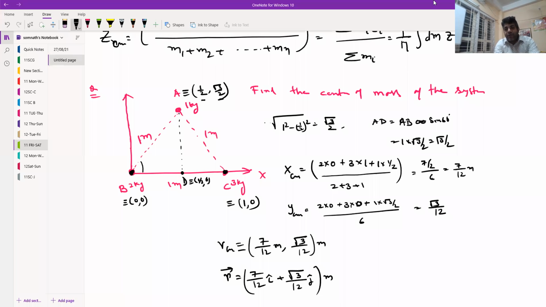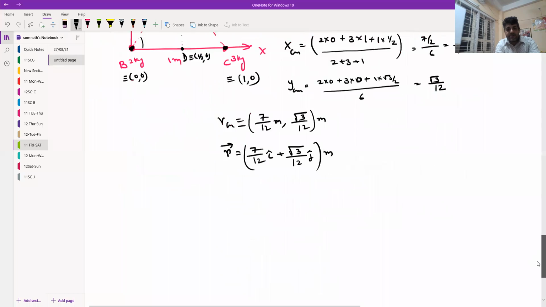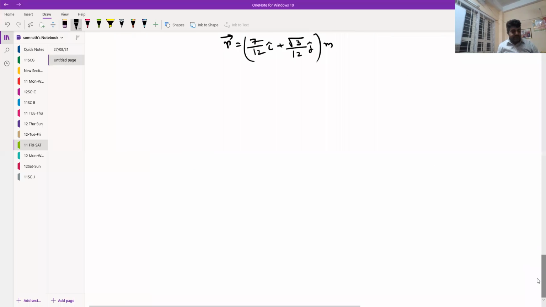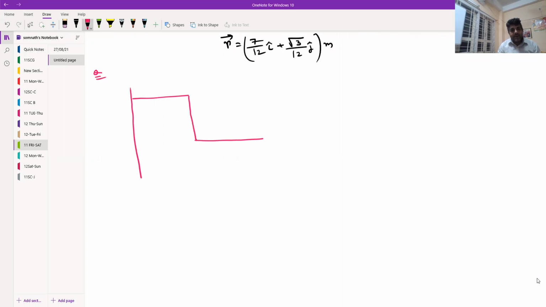Now I'm going to give you one more question and you please try this question. The next question is, see, second question जो है, that is, question में given है a L-shaped lamina. किसी किसी में रहता है equal mass, किसी किसी में रहता है the mass is 3 kg.